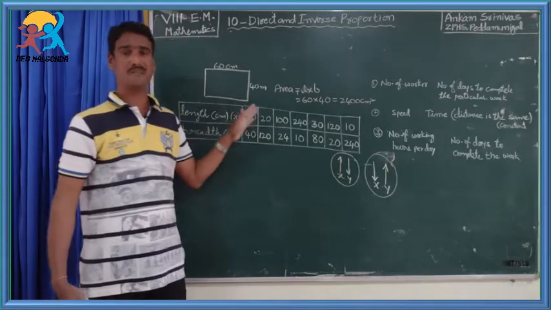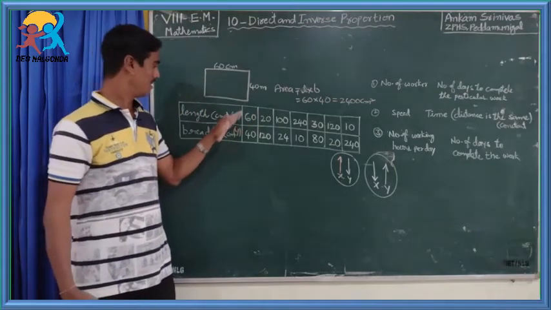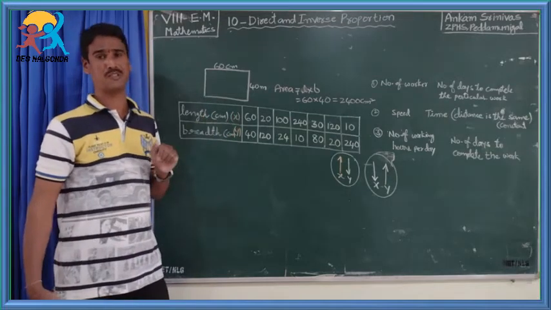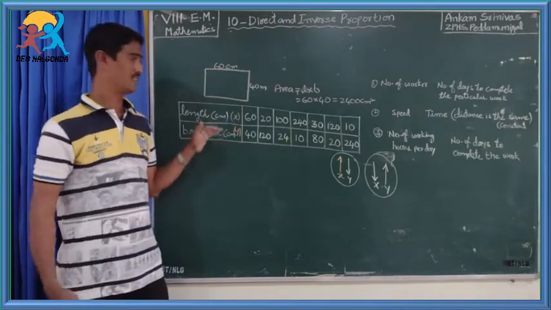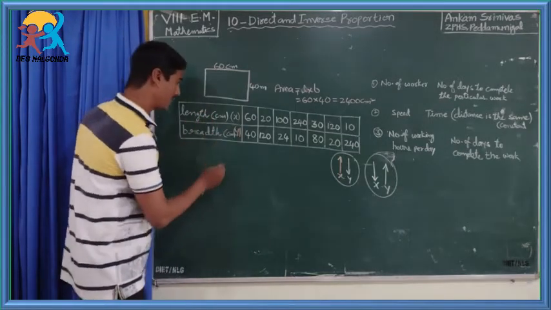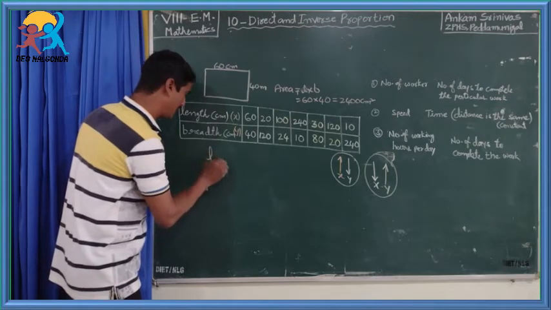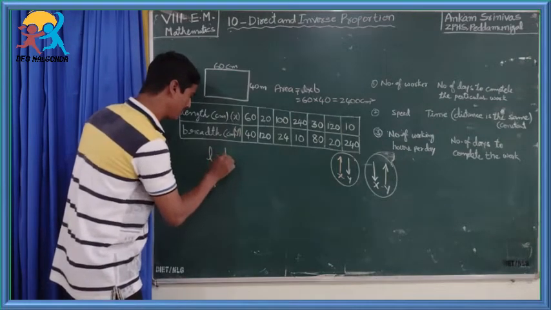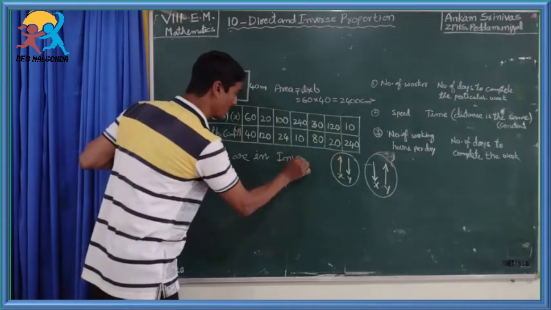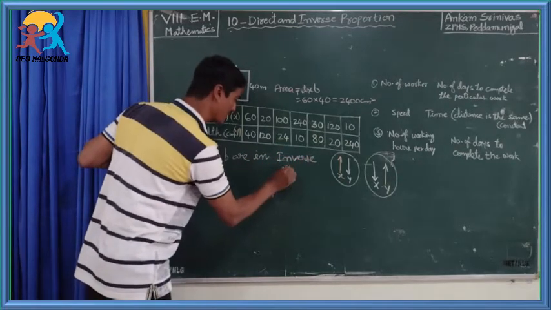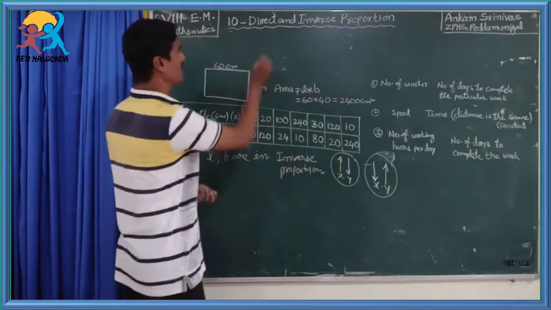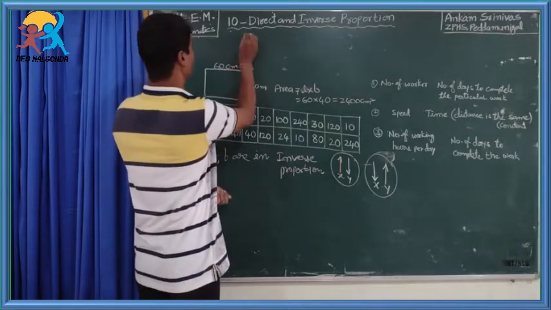So these types of variables or quantities are called inverse proportional. So this length and breadth are in inverse proportion. L and B are in inverse proportion. So we are going to learn inverse proportion today.